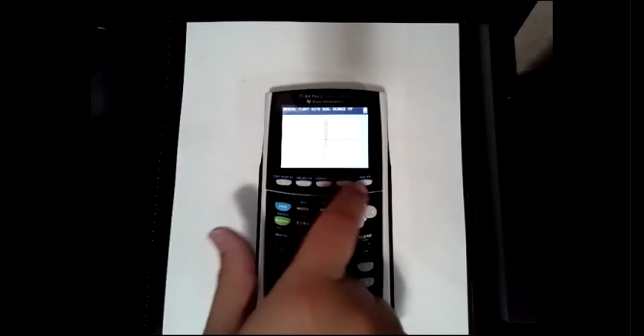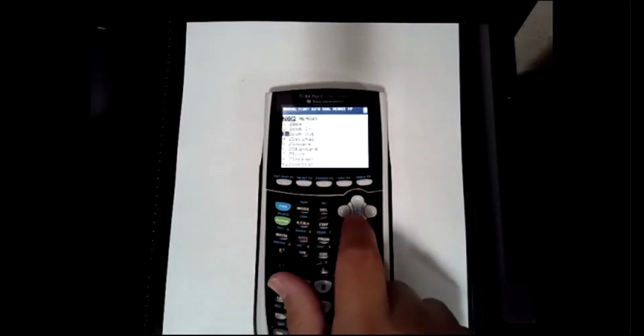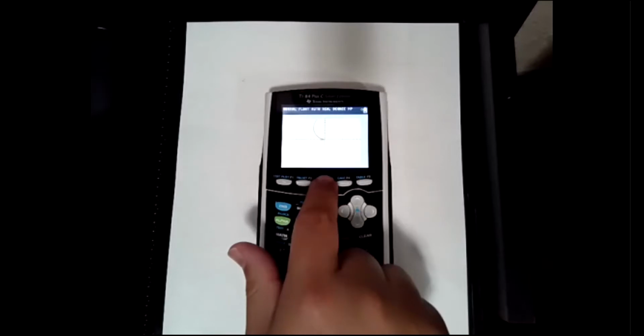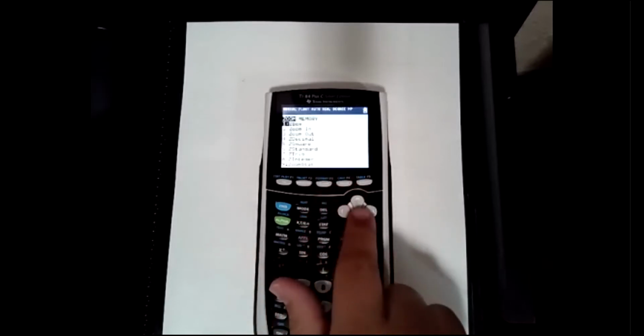Nope, I pressed the wrong one. There it is. So it's going to be a cardioid that passes through the pole because the A is greater than 0. So let me write down the question.